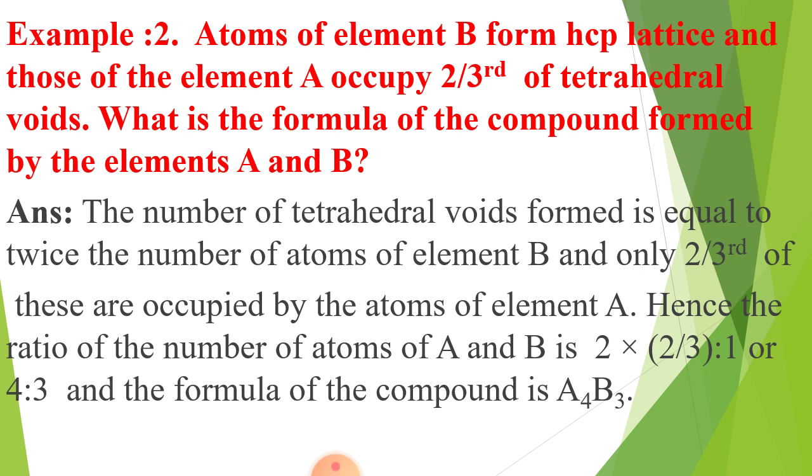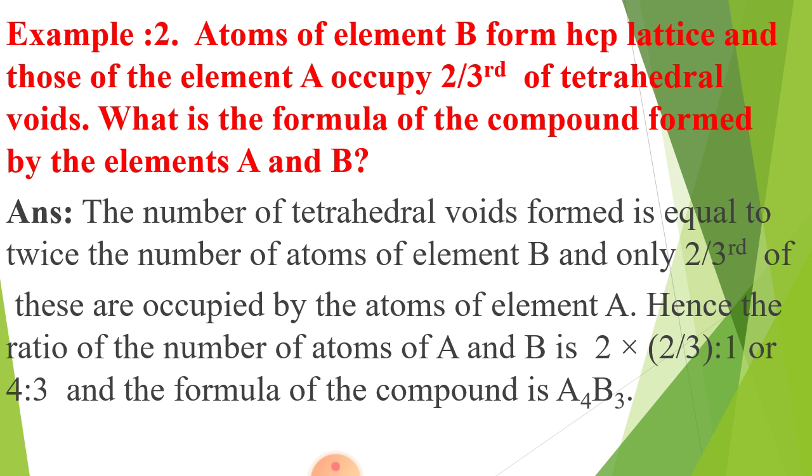Now write the answer like this: the number of tetrahedral voids formed is equal to twice the number of atoms of element B. That is, if the number of atoms of B is n, then tetrahedral voids should be 2n.